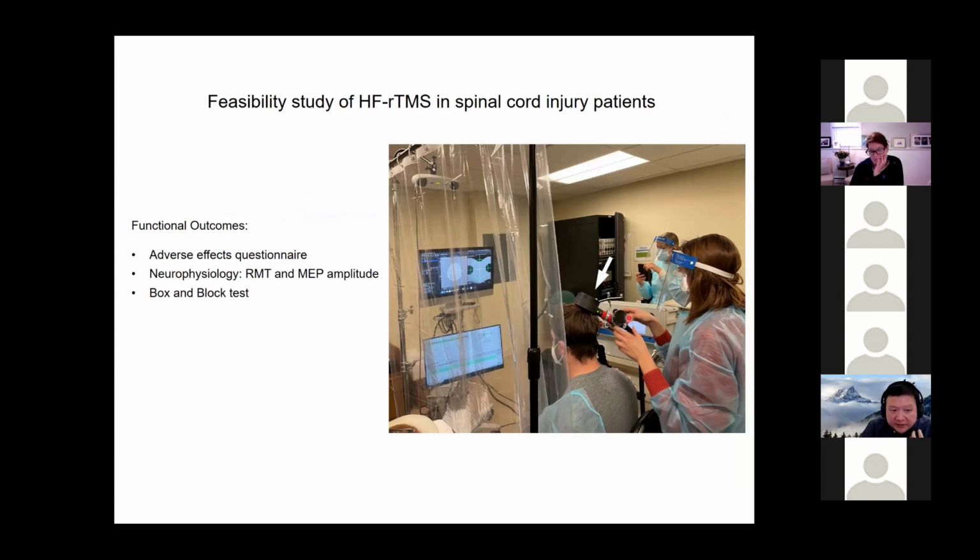This coil is placed very precisely on this motor cortex called the M1 area, and the intensity of this coil is precisely controlled. You don't want to over-excite it, and you don't want to excite the areas which are not related to the spinal cord projection axons. And this is the system.